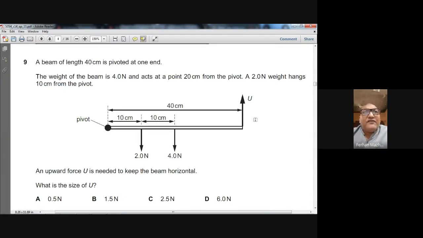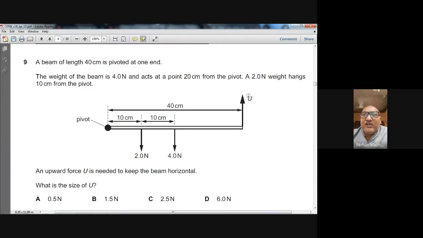A beam of length 40 centimeter is pivoted at one end. The weight of the beam is 4 Newton and acts at a point 20 centimeter from the pivot. A 2 Newton weight hangs 10 centimeter from the pivot. An upward force U is needed to keep the beam horizontal. What is the size of U?